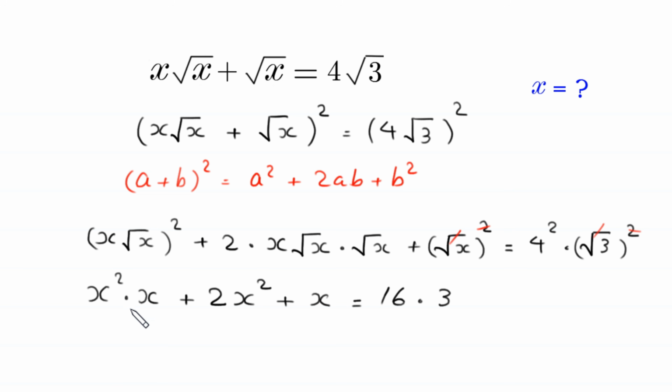Next, x squared times x is x cubed plus 2x squared plus x is equal to 16 times 3, 48.